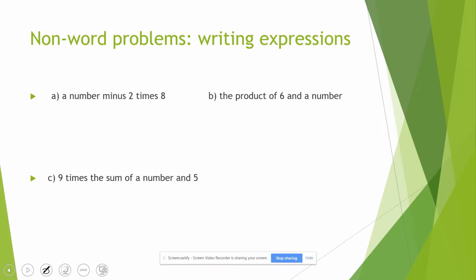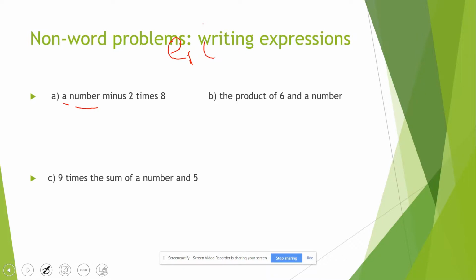Let's take a look at these examples and write what we see. Anytime we have a number, we're going to take that and write a variable for it. We can use any letter we want except for the letters E and I. There's specific things E and I will represent later on down the road, so we want to avoid those two if we can.